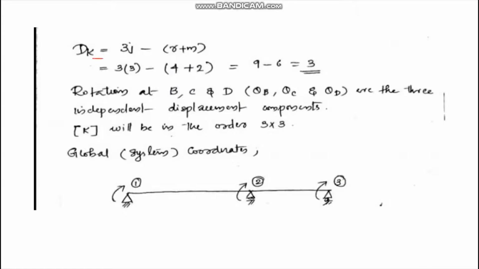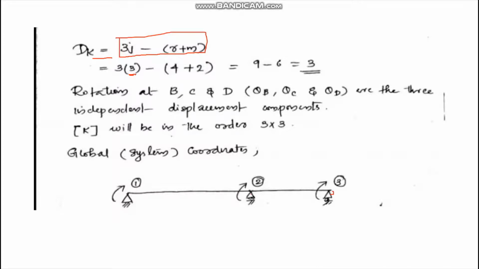The next step is finding the degree of kinematic indeterminacy. We know the equation 3j minus r plus m. How many joints are there? There are 1, 2 and 3, so the number of joints is 3.